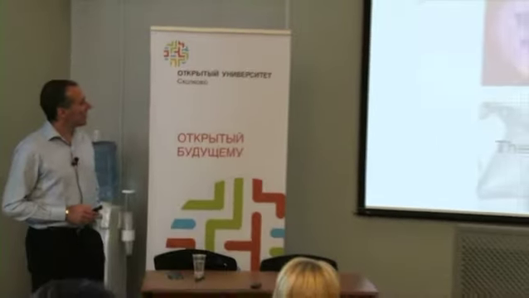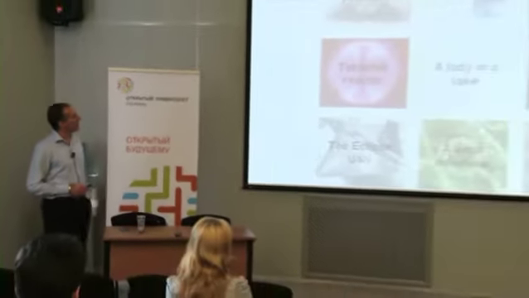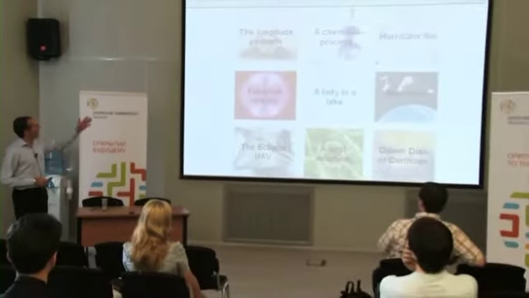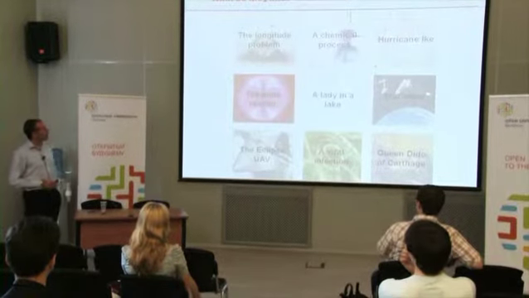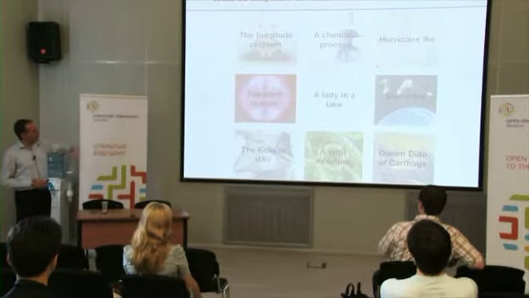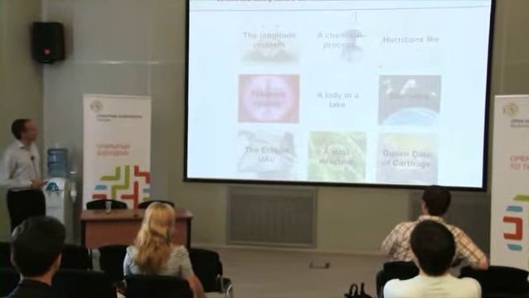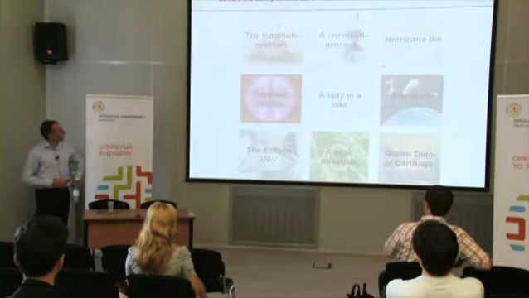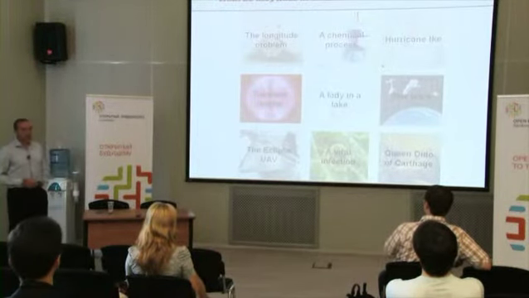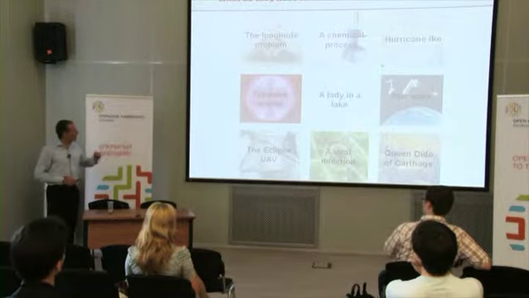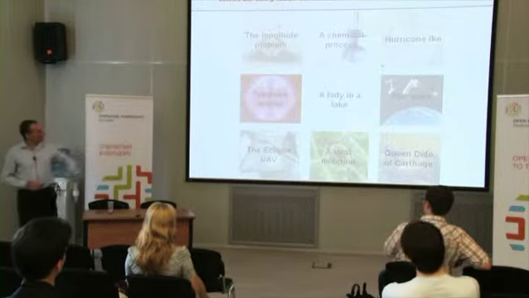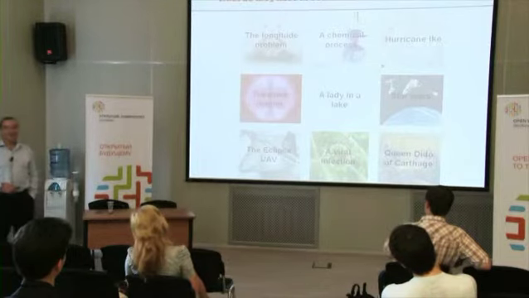So we see on these slides a lot of different problems: the longitude problem, which is associated with the clock that I've shown, a chemical process, this hurricane that we discussed the other day, a tokamak reactor, a lady swimming in a lake, Star Wars, the Eclipse aircraft that we have seen the other day, a viral infection, and the legend of Queen Dido of Carthage.